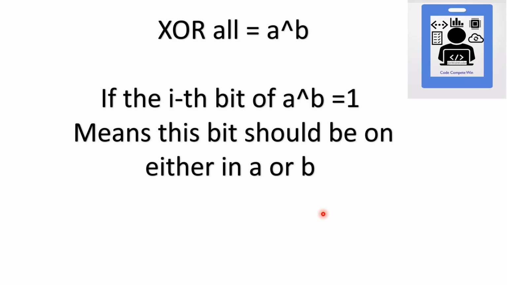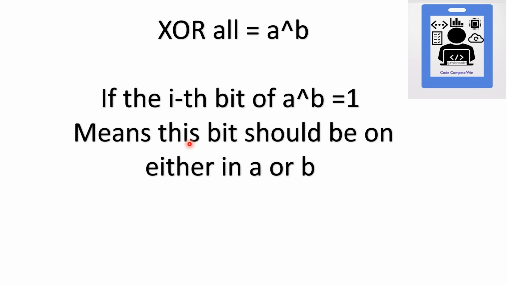So, as we know, the XOR of two equal elements is 0. So, if we take the XOR of the array in which every element is repeated twice except the two elements, then at the end our XOR becomes equal to A XOR B, where A and B are the elements which appear only once in the array.